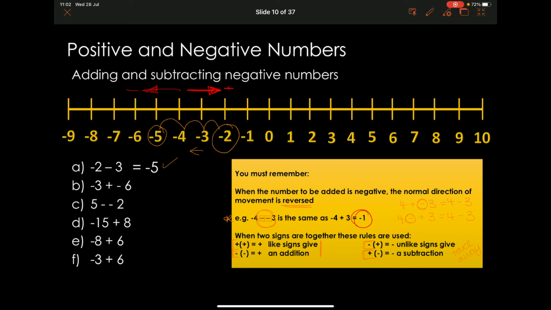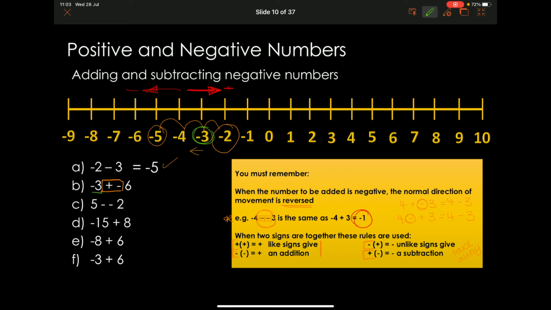Minus 3 plus minus 6. Well, if we look at our rules, the signs in the middle are different, so we just take away. If the signs in the middle are different, we take away. So we are at minus 3, because that's what's here, and we're going to take away 6.